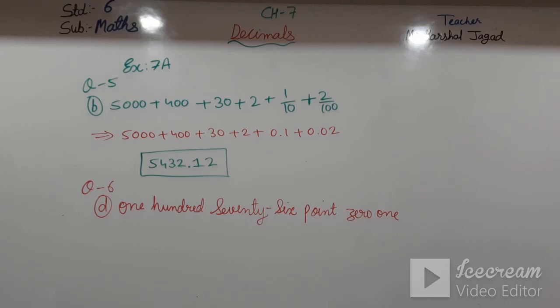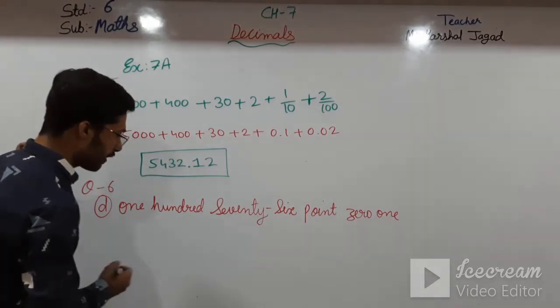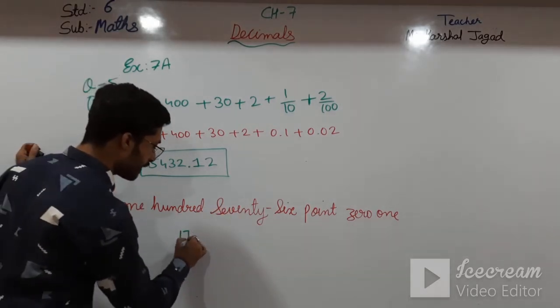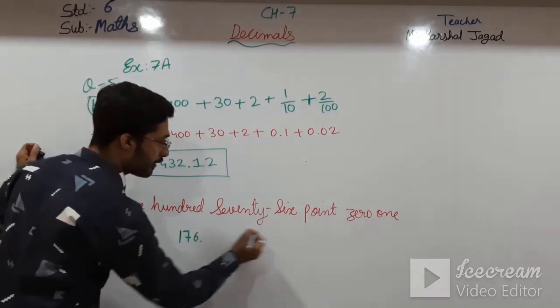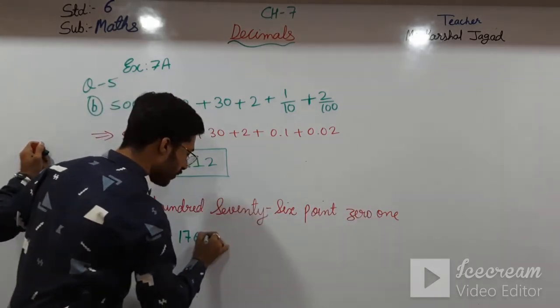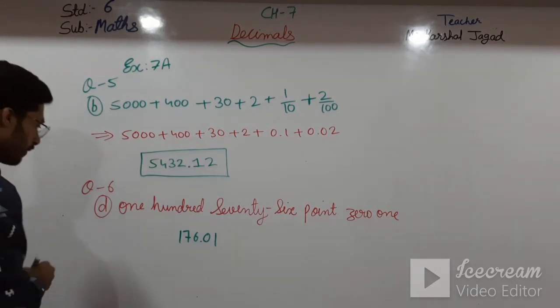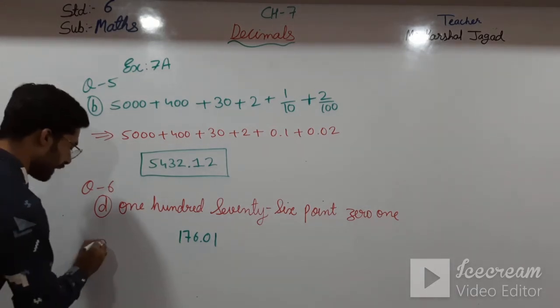So this you have to convert into decimal. So how will we convert? That is 176.01. But I will also do A for you because there is a different method for that.